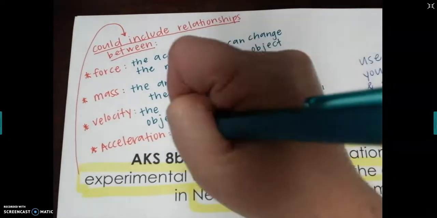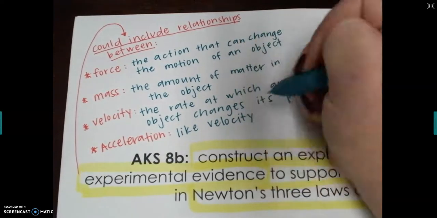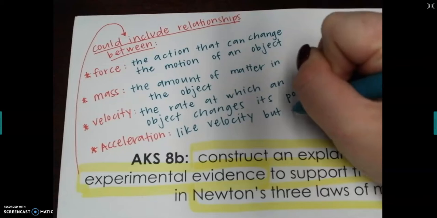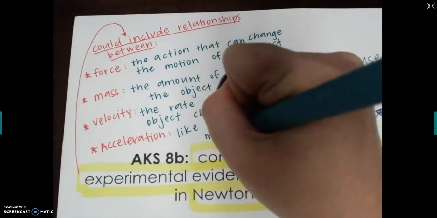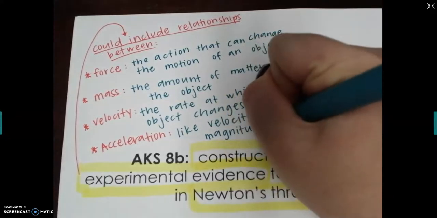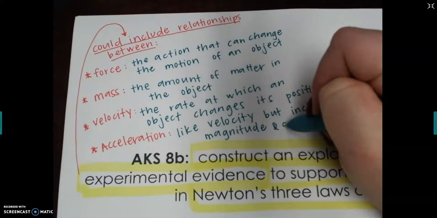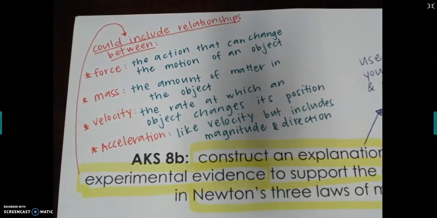And acceleration is going to be like velocity, but includes magnitude, which we'll get into as we talk more about force and motion, and it includes direction. If you need to pause the video to write any of this down, please do so. If not, we're going to go ahead and move on.